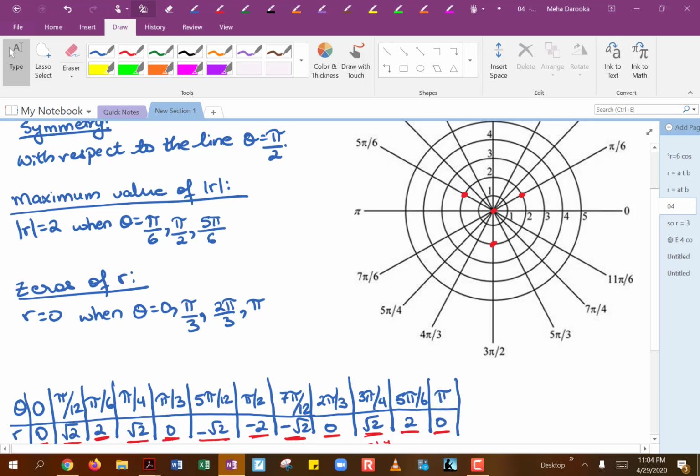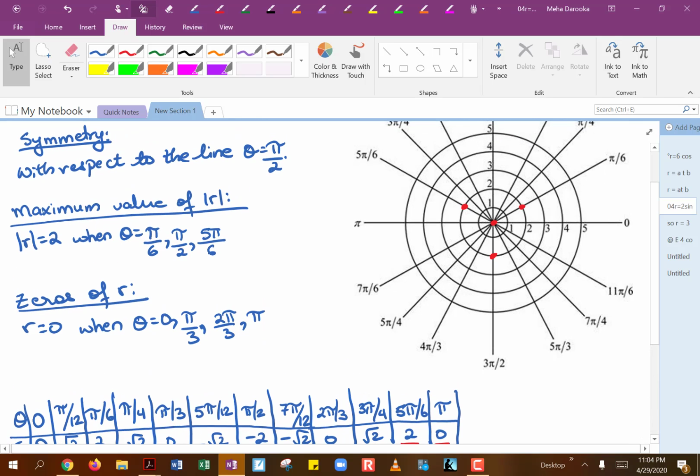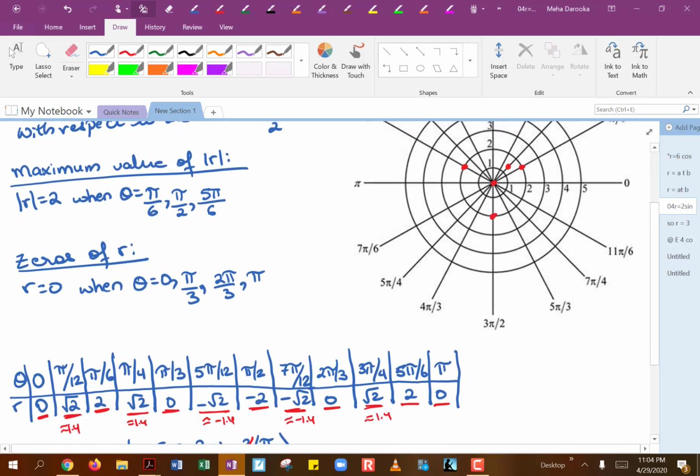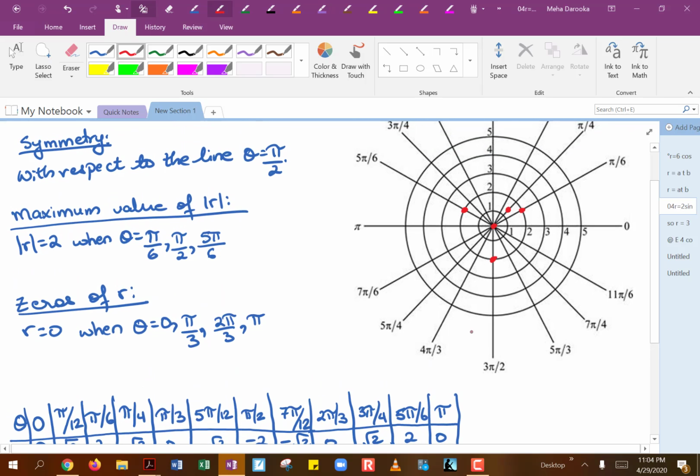So I'm going to do the pi over 4, which is at approximately 1.4. So approximately 1.4 would be maybe somewhere over here. Let's see, we can do 3 pi over 4. So 3 pi over 4 at 1.4 would be somewhere over here.